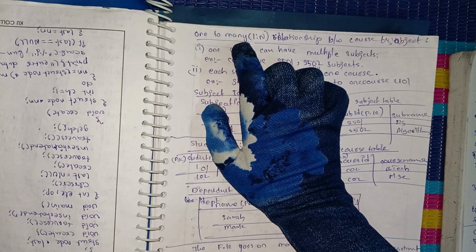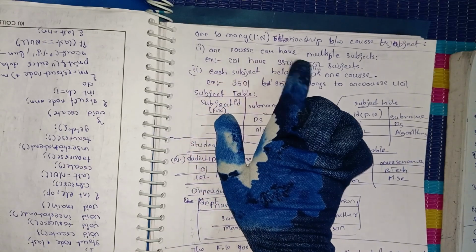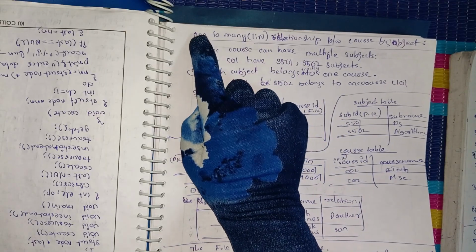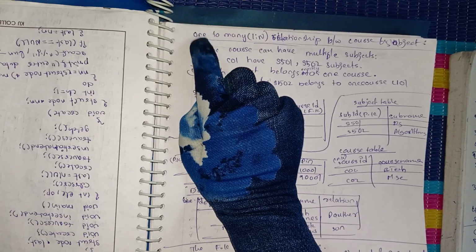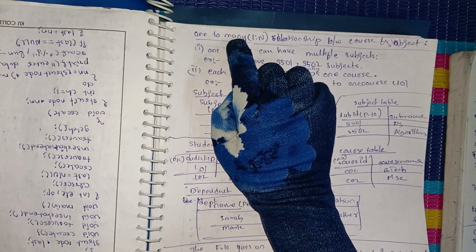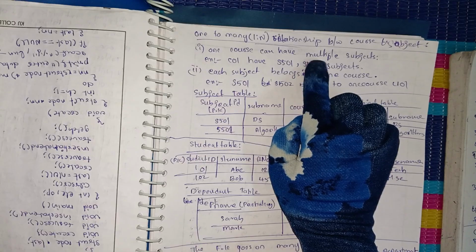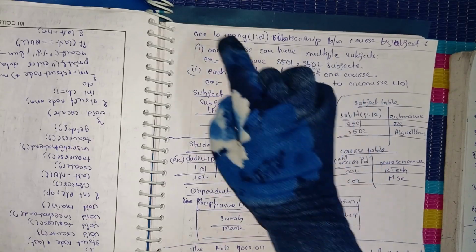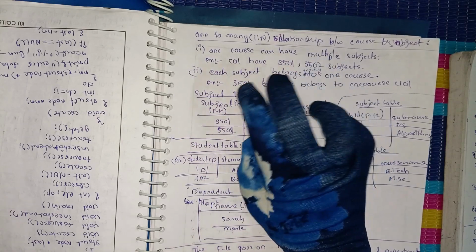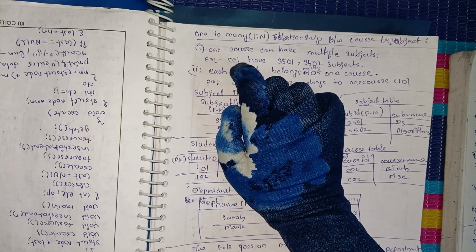If it is one-to-many, then this statement is satisfied for this mapping cardinality: one is first in the order here and first in the statement, and many is second in the order here and second in the statement. So the statement and mapping are matching.